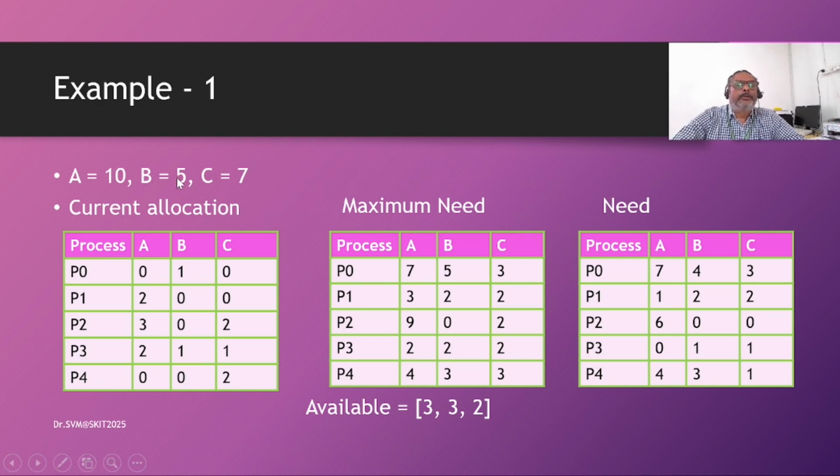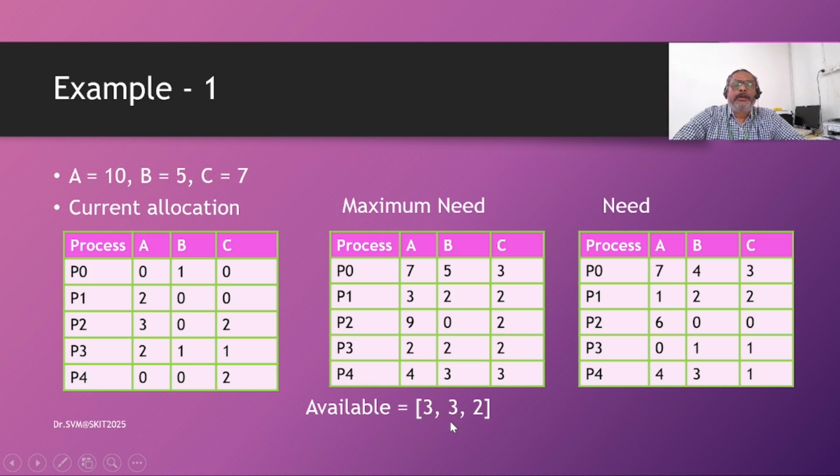The problem gave us the total instances of the various resources, the current allocation, and the maximum need. From these 3 data we calculated the need matrix, and from these we calculated available.